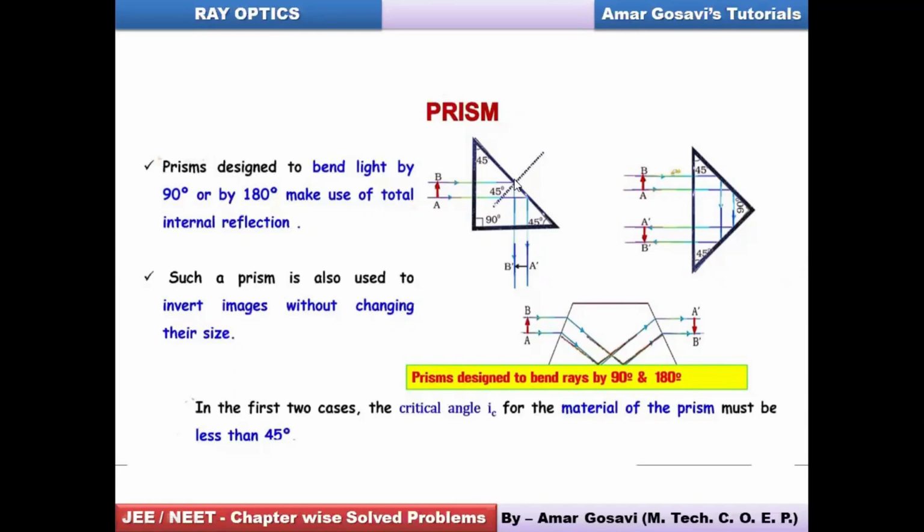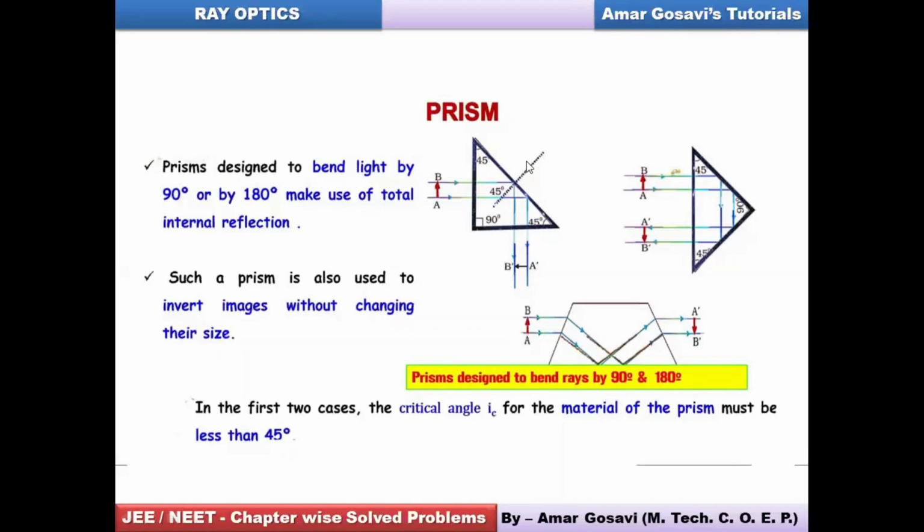Say for example, this is the point where the light ray hits the inclined surface. I draw a normal over there. You can see a normal being drawn, friends. Now if the normal is drawn in this manner, then obviously you can see the angle of incidence over here becomes 45 degrees as per geometry. Now angle of incidence is 45 degrees.